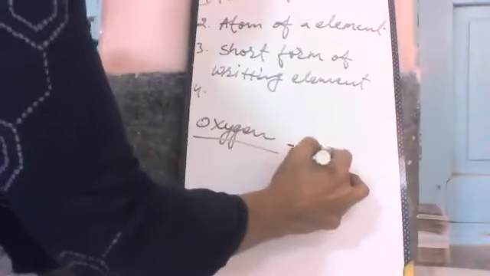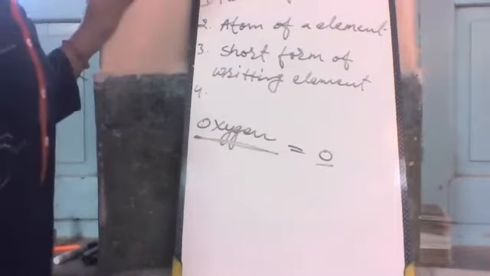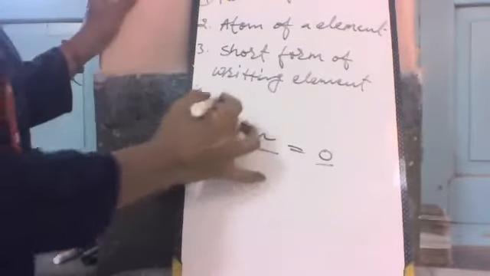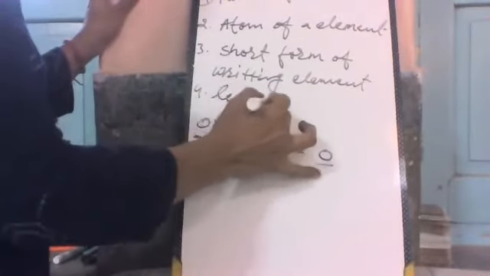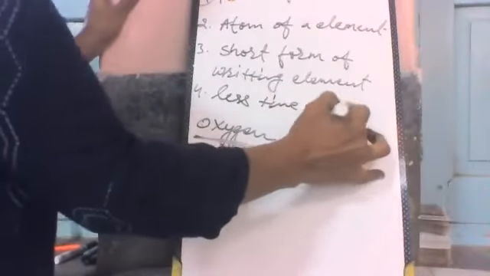In place of oxygen, we are taking 2-3 seconds, but in case of its symbol, we write here this. It requires this much space. So it requires less time and space. These are the significance of writing symbols.